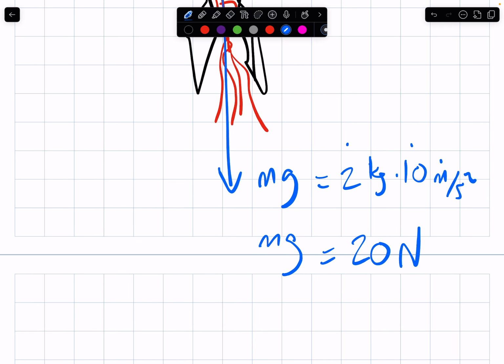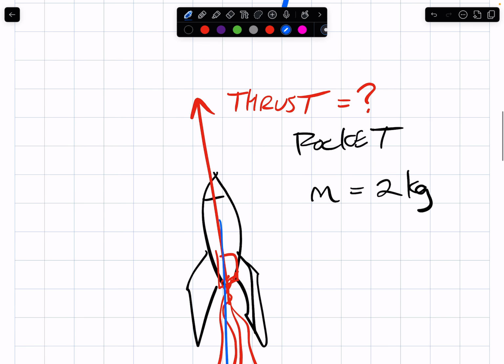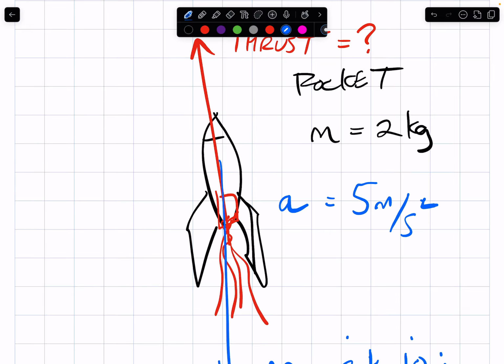So the weight of this thing is 20 newtons. All right. And here's the deal. We want this engine to give the rocket an upward acceleration of a whopping 5 meters per second squared. So how powerful does the engine need to be so this 2 kilogram rocket has an acceleration of 5 meters per second squared?